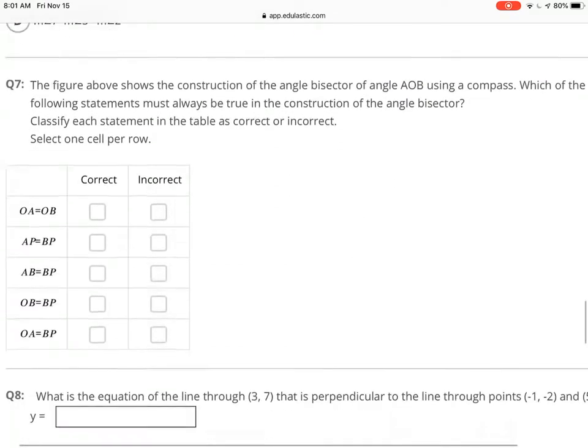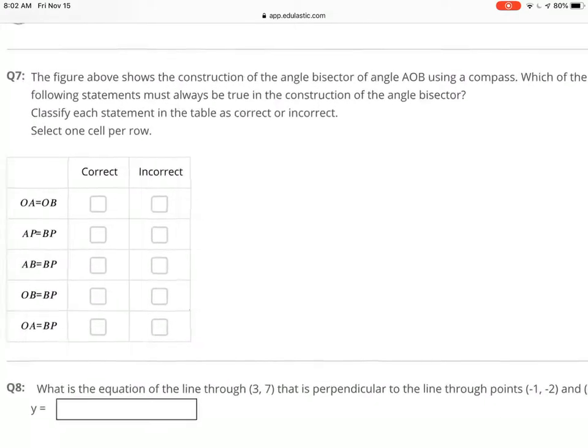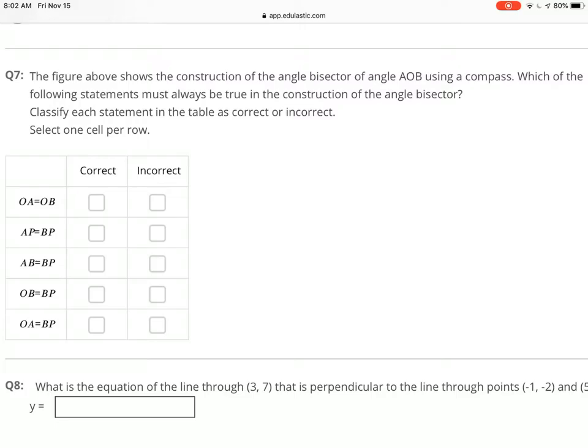Let's do number 6. Number 6, I'm going to have to omit from the assignment because there was no drawing. But I remember what the drawing is, so I'll go ahead and draw it here anyway, so you guys can get the exposure to the question.